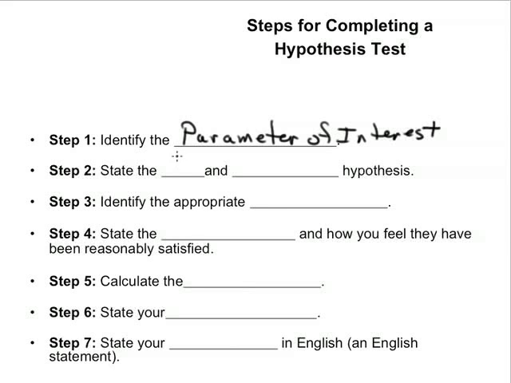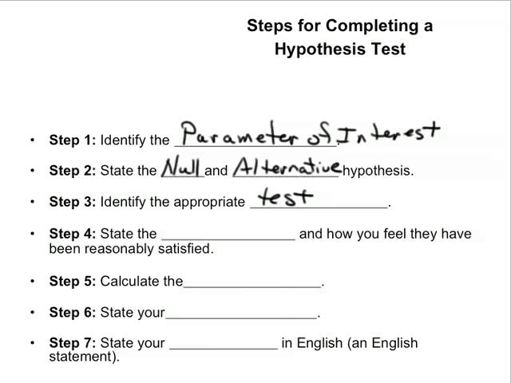The next thing we want to do is state both the null and the alternative hypothesis. And then we want to identify the appropriate test that we're going to use, because there are several tests for hypothesis tests that we will be working with.